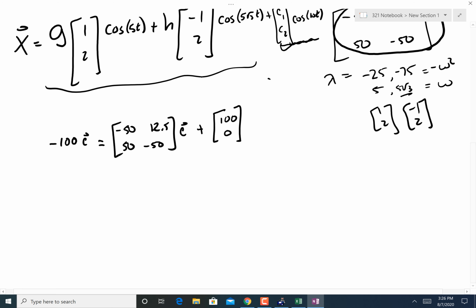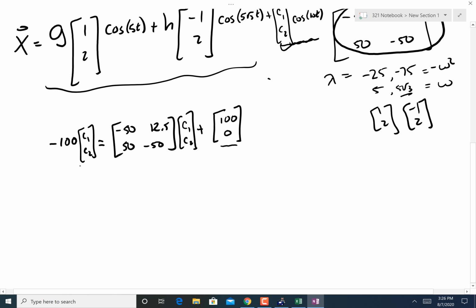Now, this looks kind of gross because the way I have it written out right here, this is a 2 by 1 matrix. I'd like this to be a 2 by 1, so I'm going to write C1 and C2 if that's okay. I'm going to write this also as C1 and C2. Cool.